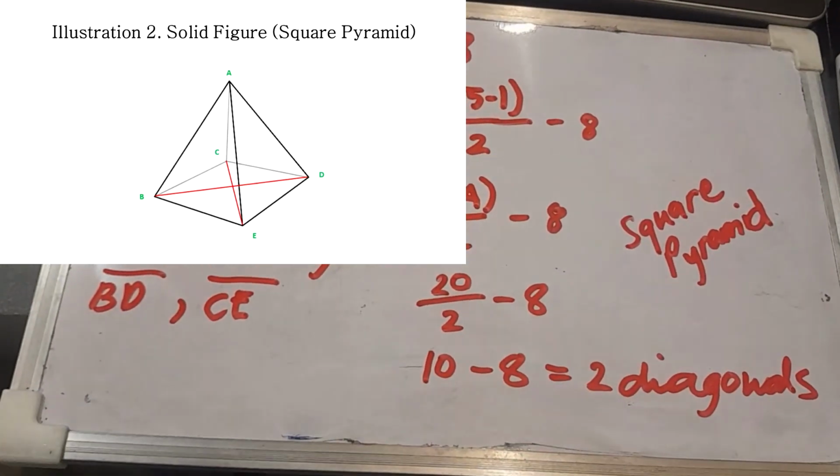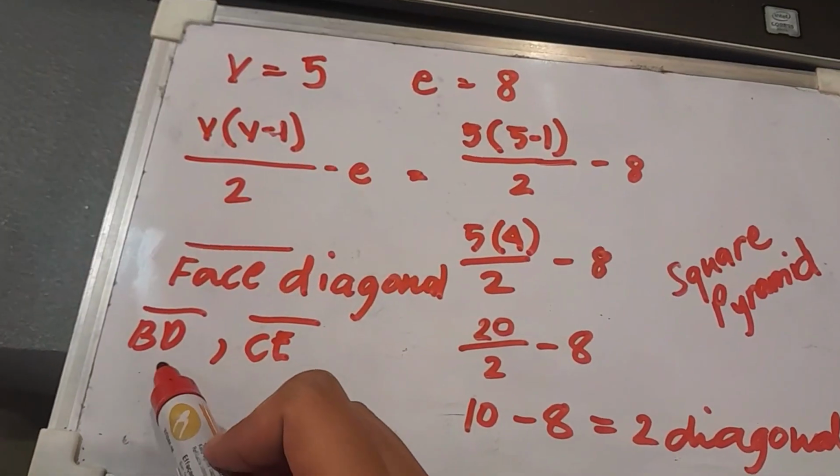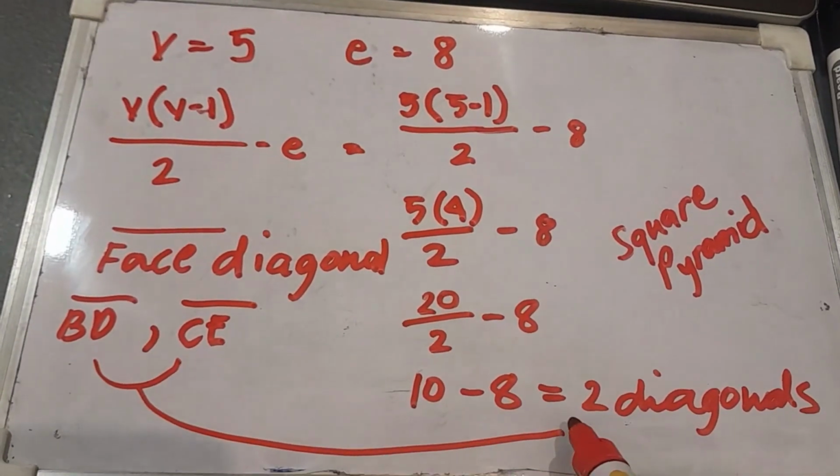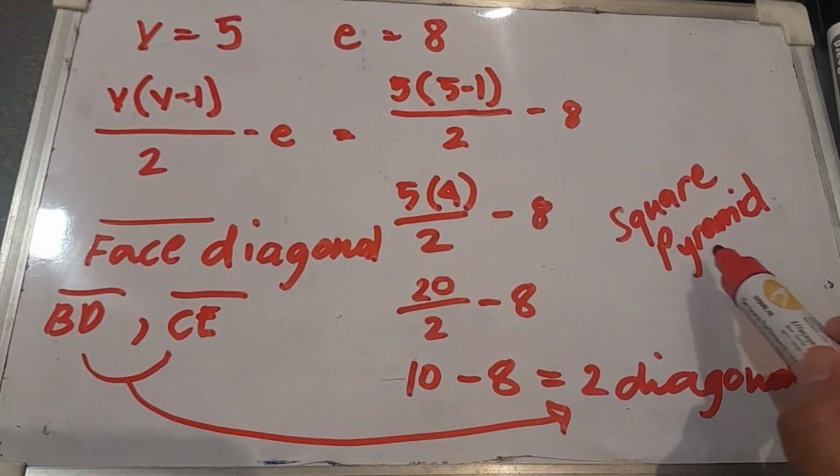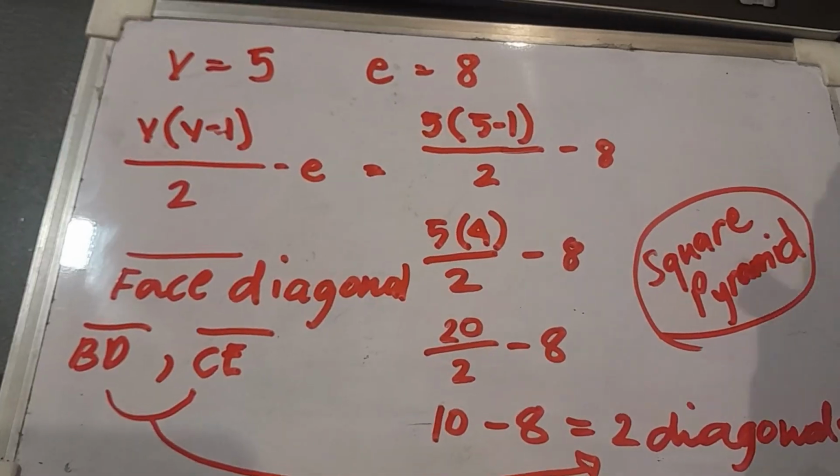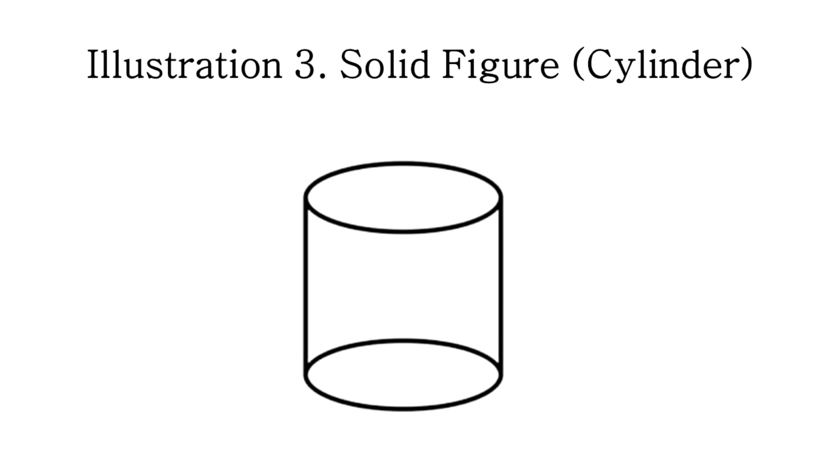So it proves that this 2 is the 2 diagonal of the square pyramid. So how about the solid figure cylinder? Cylinder.